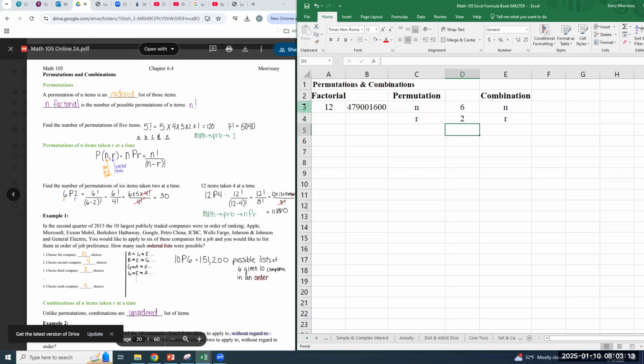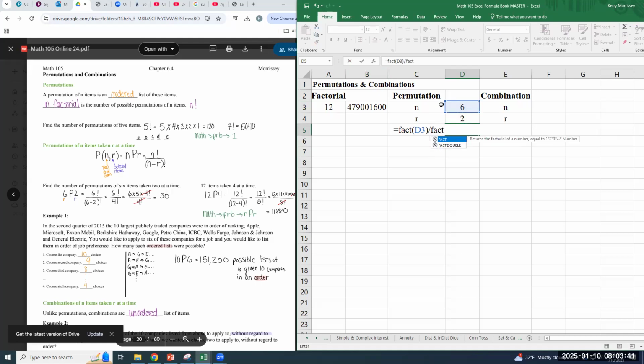So 6, select 2. We could say this is equal to, maybe I put it right here, 6 factorial divided by, and then we want n minus r. Actually, this would want to be in a factorial.